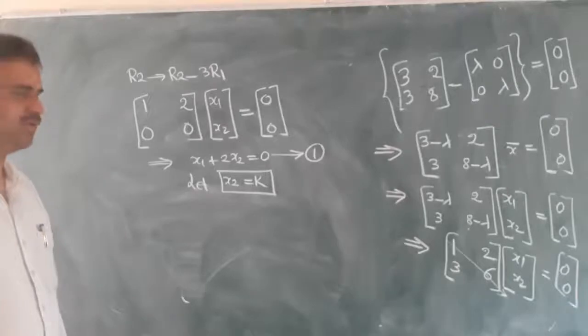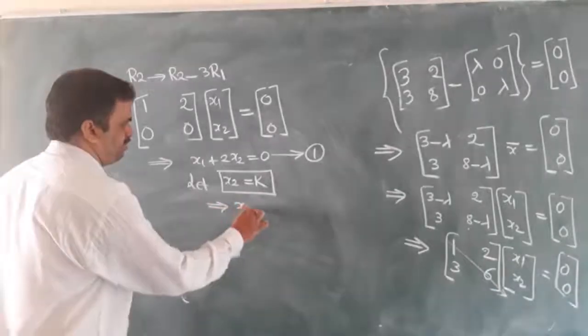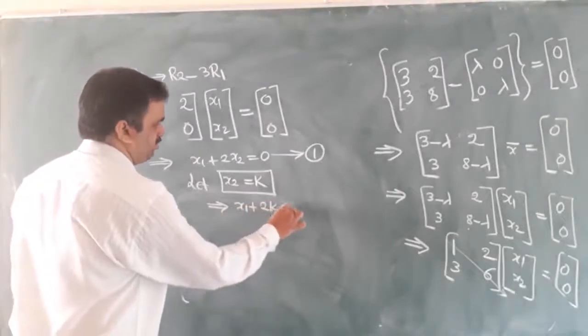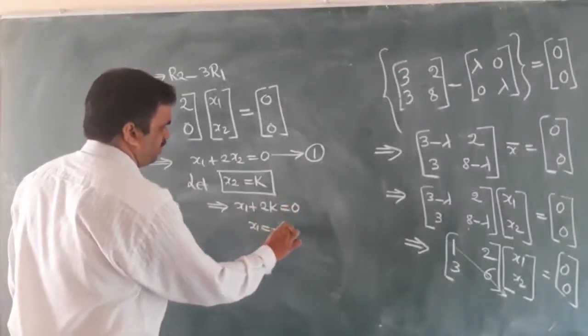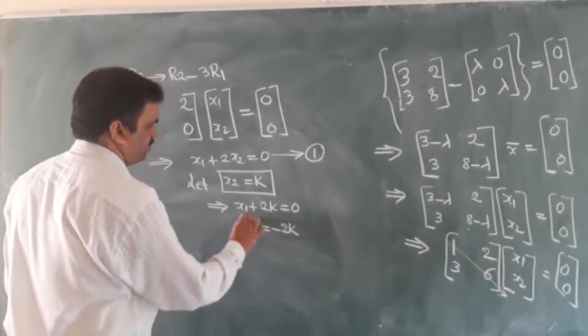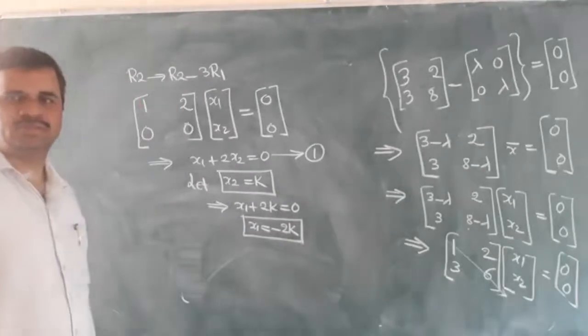Let x2 equal k. Now find the value of x1. This implies x1 plus 2k equal to 0, so x1 equal to minus 2k.